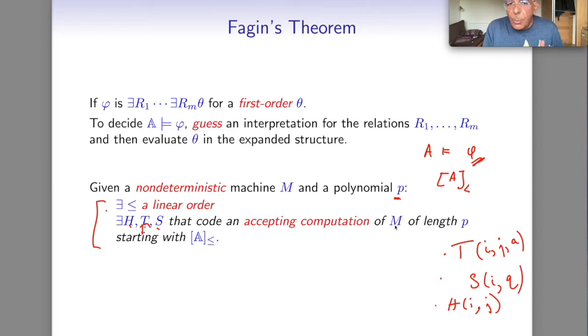Okay. So that's a rough outline of why, given a machine M and a polynomial P, we can write down a sentence of existential second order logic, which is true in structure A if and only if there is some coding of that structure as a string, which is accepted by M in polynomial P. So in particular, if you have a non-deterministic machine which accepts a well-defined class of structures, which means it is invariant under the tilde invariance on strings we defined before, then this sentence defines exactly the class of structures accepted by M. Okay.